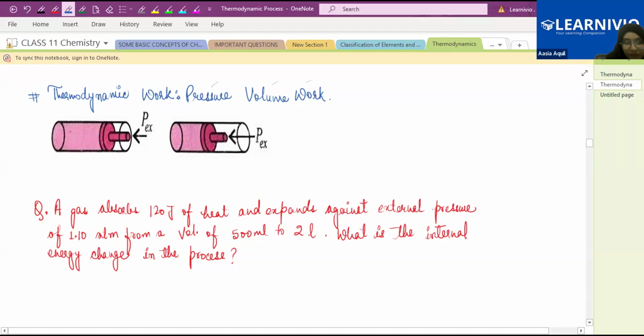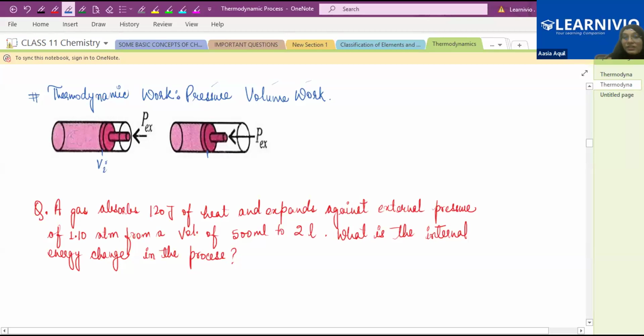Here the gas particles are there, right? So the volume of gas will decrease. Suppose initially the volume was this, VI, the initial volume. This is the final one. When you apply some external pressure, the volume of gas decreases because of external pressure.